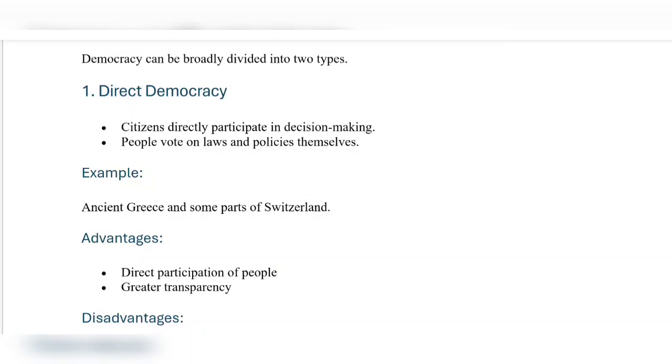It used to happen, and it was always possible in a small area with small population. Even today in the villages, the panchayats work in that way only. Gram Sabha sits, people talk about the problems, they find out the solution, they talk about the solution, and then they apply it. So this happens.